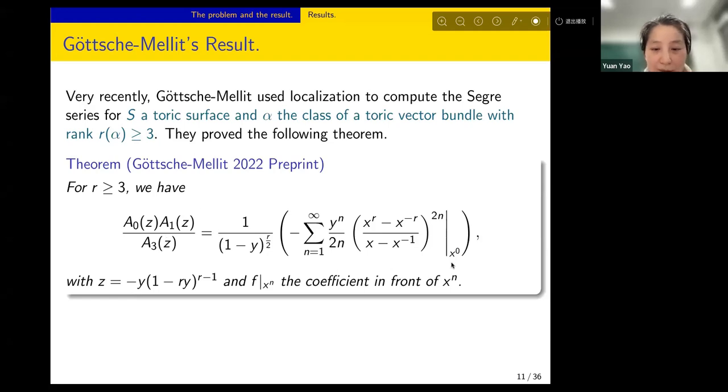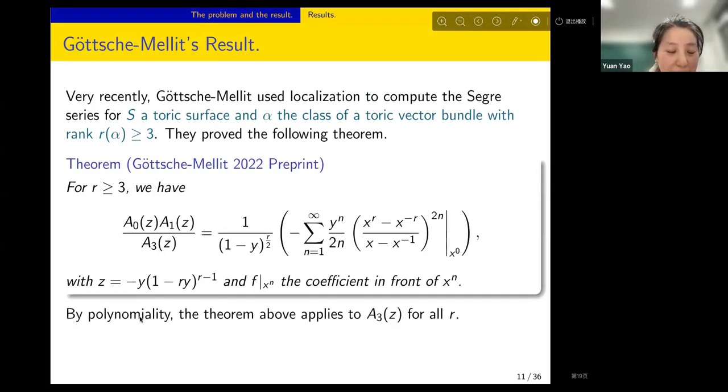So you can see this, with also the change of variables, and so it's a bit complicated. But we have a polynomiality, right? Once you get this expression for infinitely many r, then you have this relation for all r. So this theorem applies to all r.